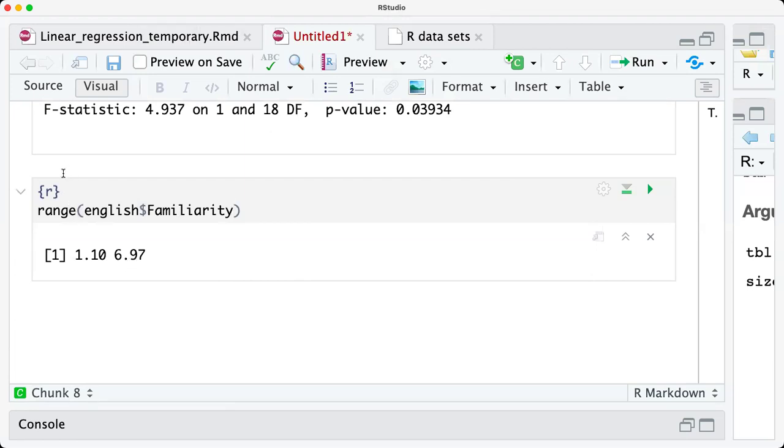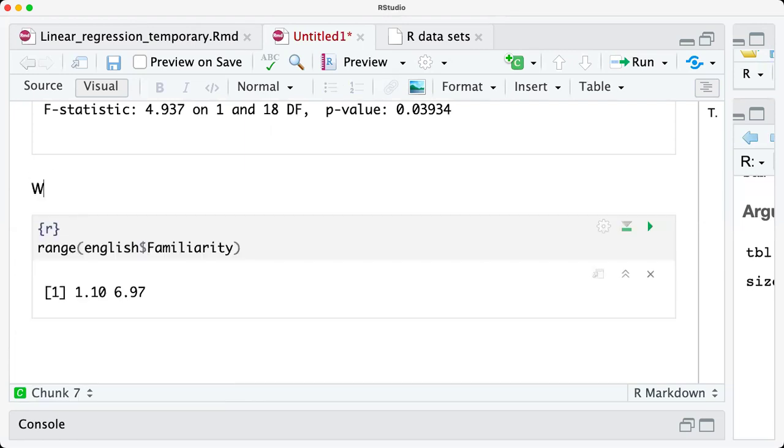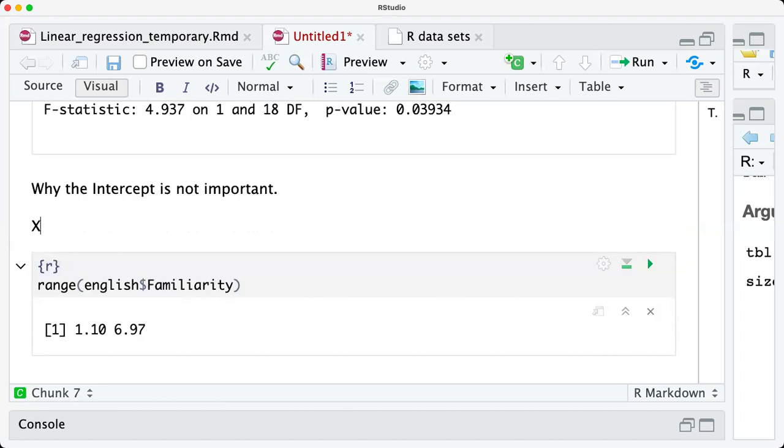So why is the intercept not so important? It doesn't give you a trend, and x equal to 0 is not in the range of the data.